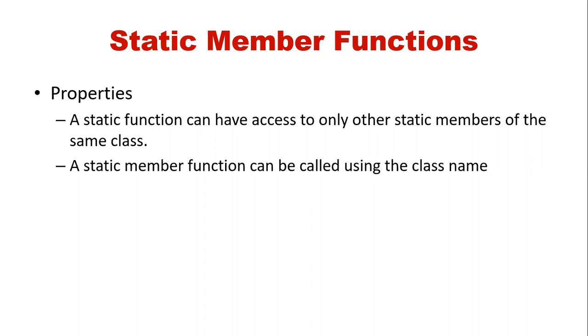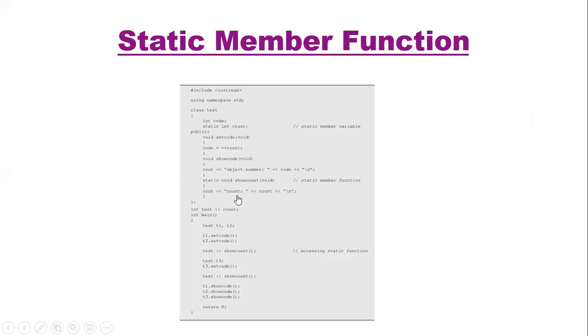And a static member function can be called by using the class name: class name, scope resolution operator, function name. We will see how it is going to be called. Now let us see this example here.